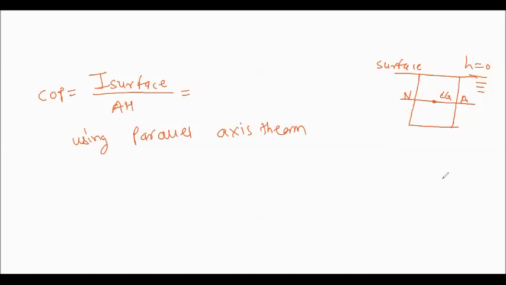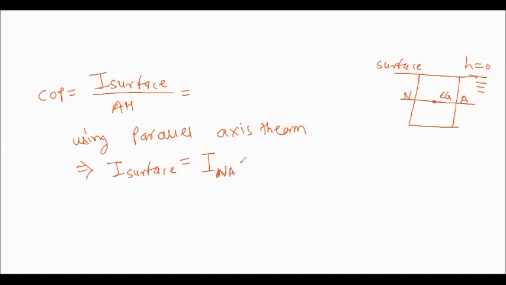By using the parallel axis theorem, I want to find out the moment of inertia of this bulkhead about the I surface, that is equal to, you can write like this, moment of inertia of this bulkhead about its own neutral axis, or you can say about its own centroid.